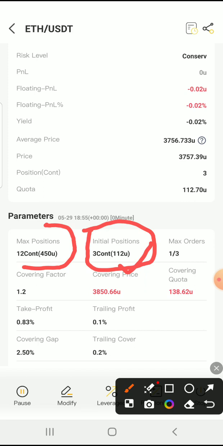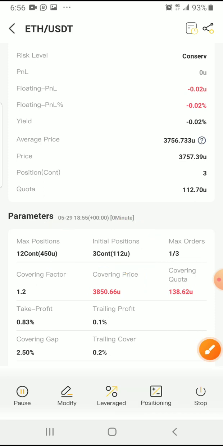Our maximum position is 12 contracts, equivalent to what? 450 USDT. Every U that you see here is USDT. So that is how you can read through the trade that we have here and understand the things written here.